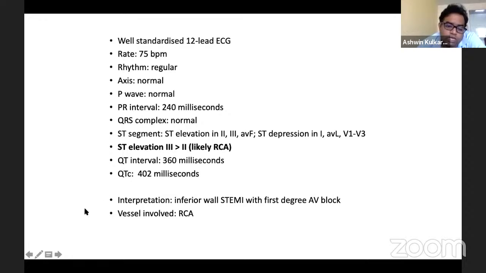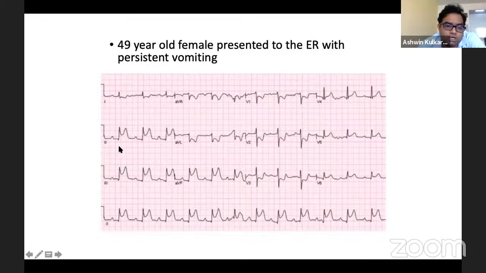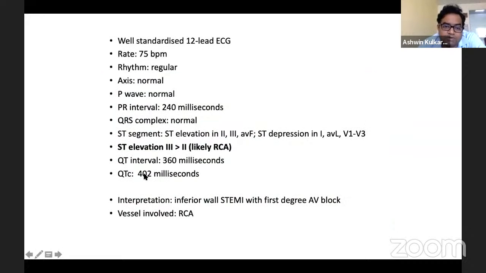Now looking back a little more carefully, you should see whether it's lead 2 or lead 3 in which the ST elevation is more prominent. Here you can see ST segment elevation is more prominent in lead 3. Whenever lead 3 is more elevated than lead 2, it is likely to be the right coronary artery. Hence this is a region of RCA occlusion.